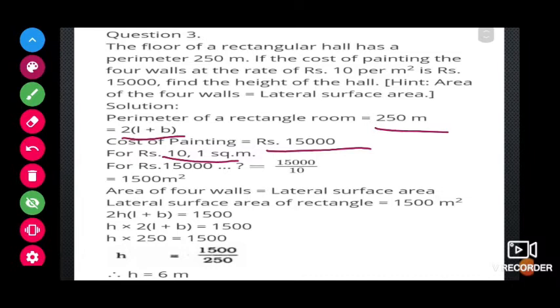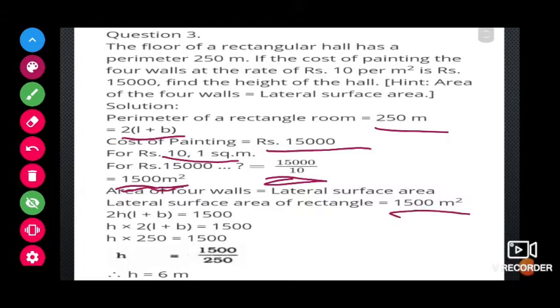So how many square meters do we have? If we divide by 10, we will get 1500 square meters. Now the area of your four walls will be 1500 meter square, isn't it?